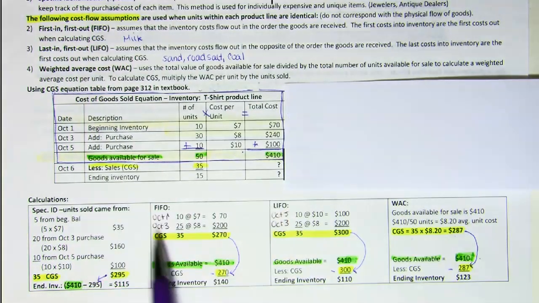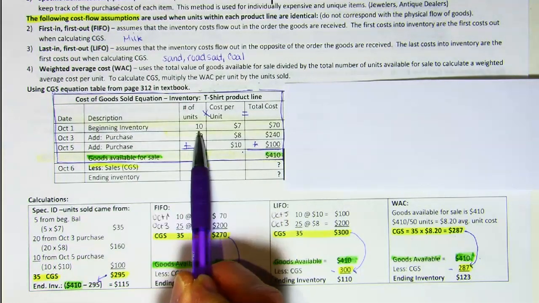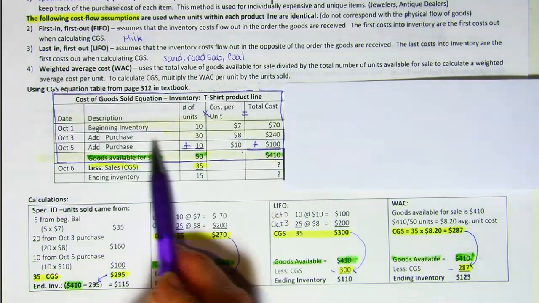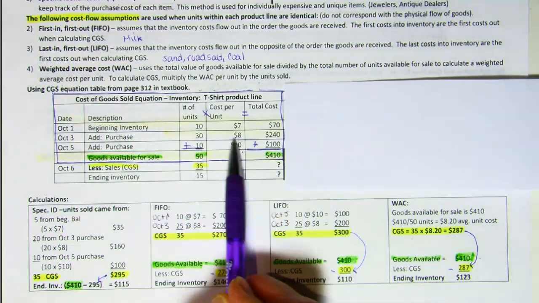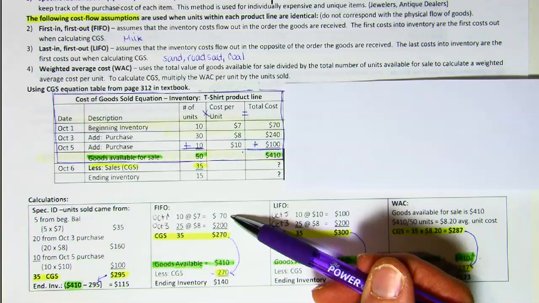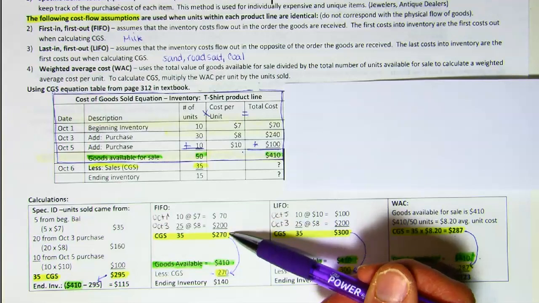So we'll write down here October 1st, we're going to sell those 10 that we paid 7 for. And then to add up to 35, we're going to sell 25 of those 30 units that we paid $8 for. 25 times $8 is $200. Add $70 plus $200, and that will give you $270 as the cost of goods sold.